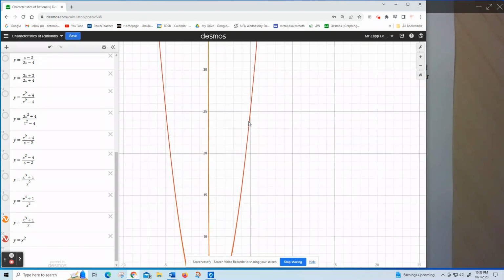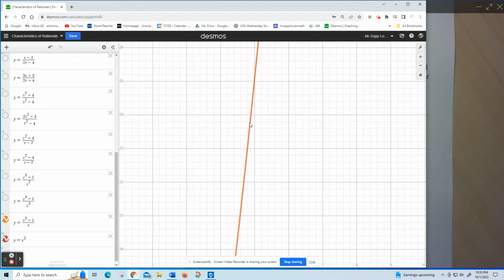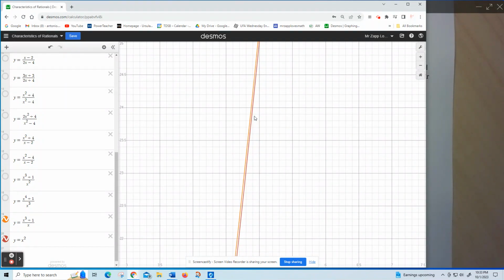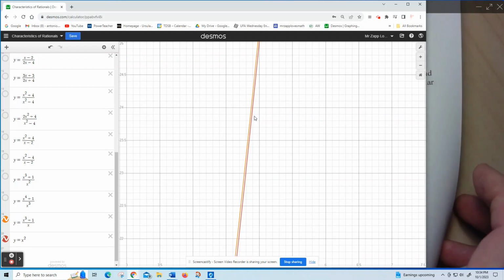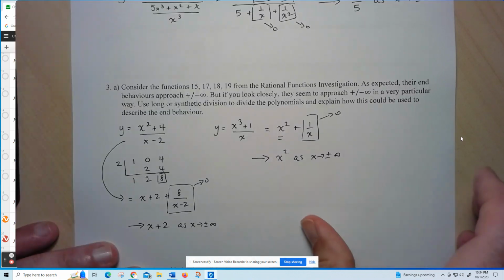Now, if we did zoom in, we would see that they're not exactly equal, but they're getting closer and closer to each other. So what this does is add even more precision to trying to determine characteristics of a function.